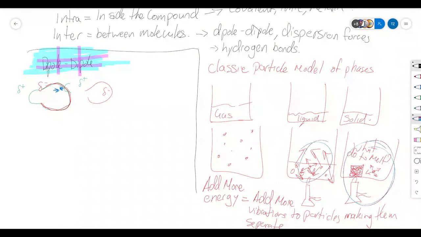What is the most vital thing that you need for life? It's a liquid. What makes Earth unique in our solar system? We have water. What type of water, though? Liquid water. Good.